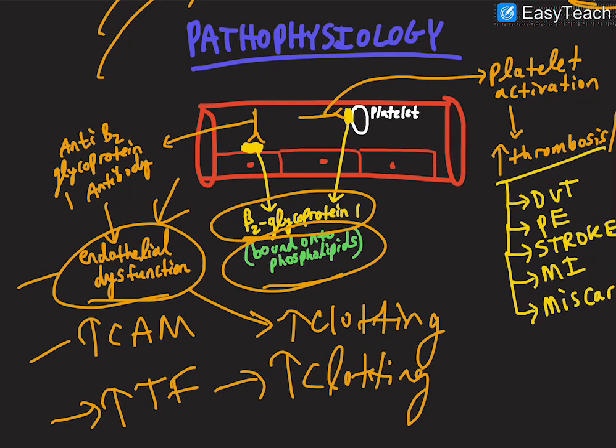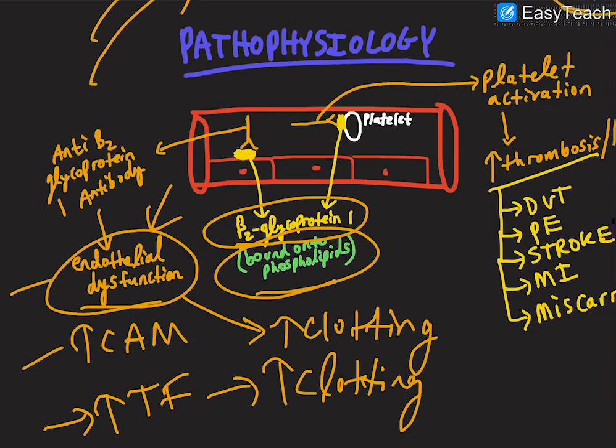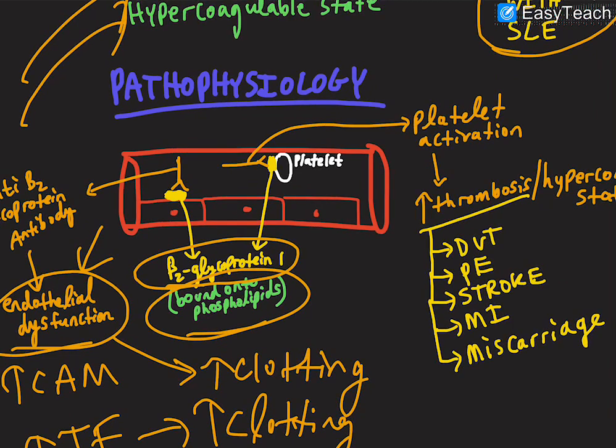So that's what happens if you have antiphospholipid antibodies like anti-beta 2 glycoprotein 1 and lupus anticoagulant that can bind to beta 2 glycoprotein 1, which is a protein that's bound onto phospholipids on your endothelial cells. But you also have beta 2 glycoprotein 1 that's bound on your platelets. You can find this protein bound onto platelets.